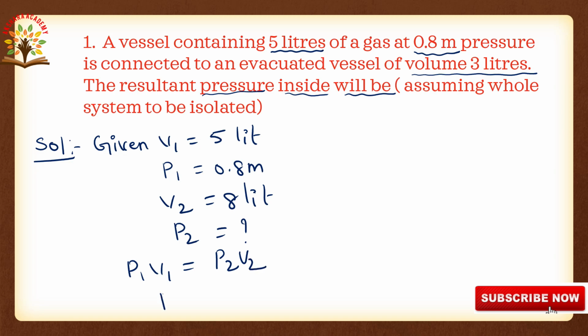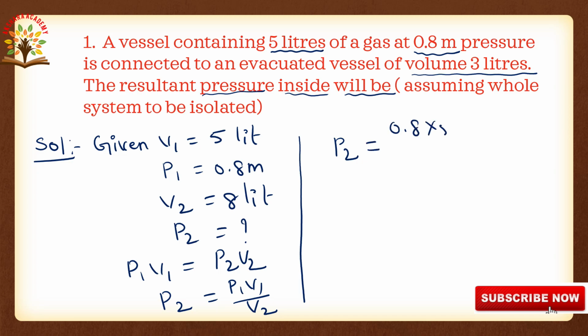From this we write the formula for P2. P2 is equal to P1 V1 by V2. Substituting P1 as 0.8, V1 as 5 liters and V2 as 8 liters, we get 0.8 into 5 by 8.